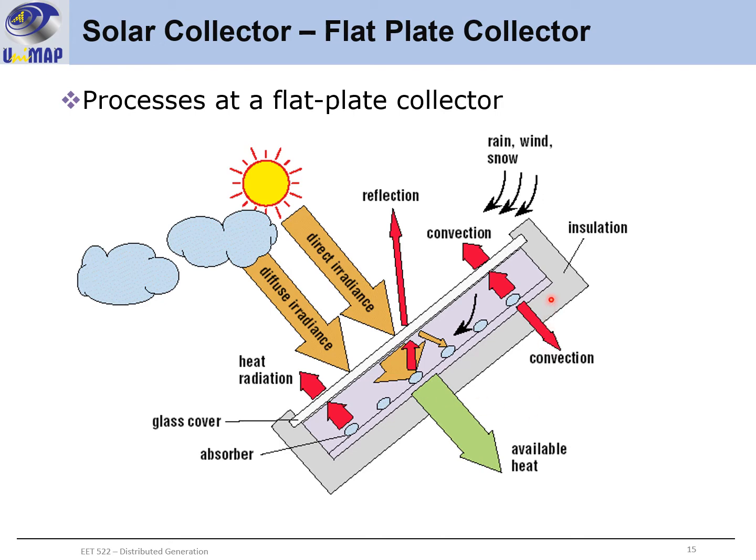Okay, these are the processes that happen at the flat plate collector. As you know, the collector can receive the direct irradiance from the sun or the diffuse irradiance through the environment. Okay, this is part of the energy we receive from the direct irradiance.